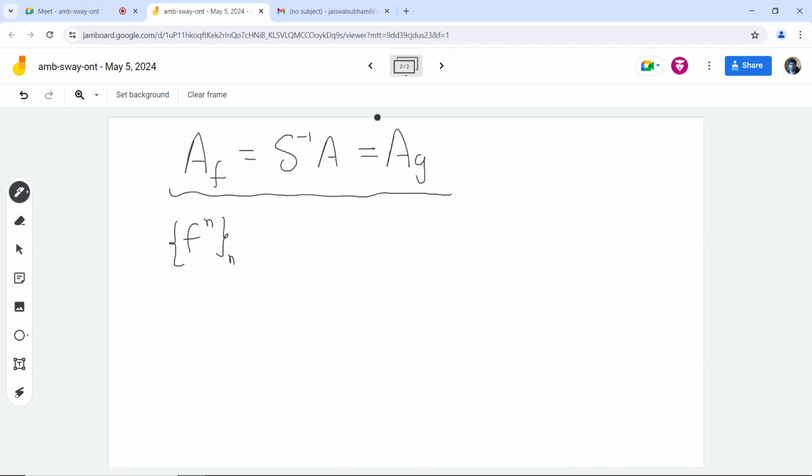So then we know this, and the question is, just a minute. Yes. We can think of AF in terms of this S inverse A. That's the identification we make, right?